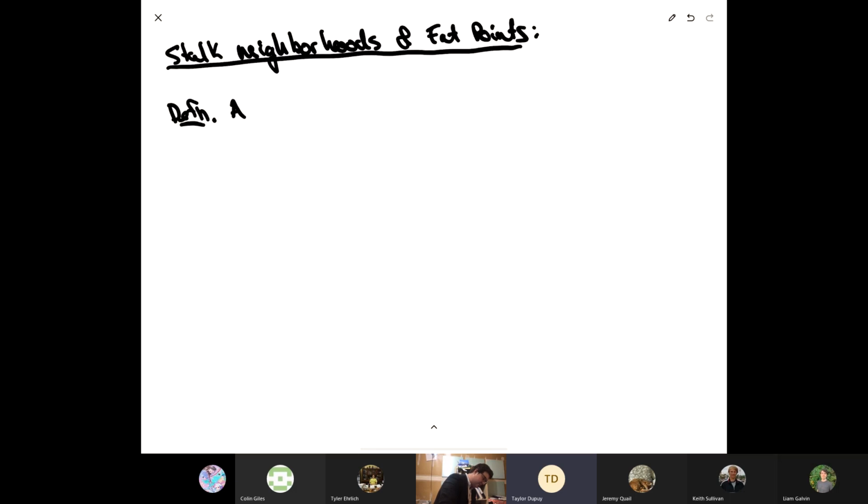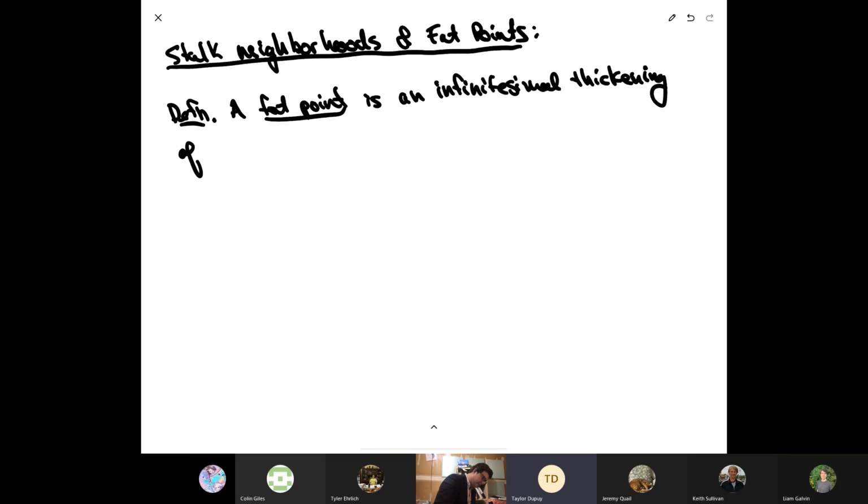A fat point is an infinitesimal thickening of R mod P. So we have R maps to R mod Q maps to R mod P.